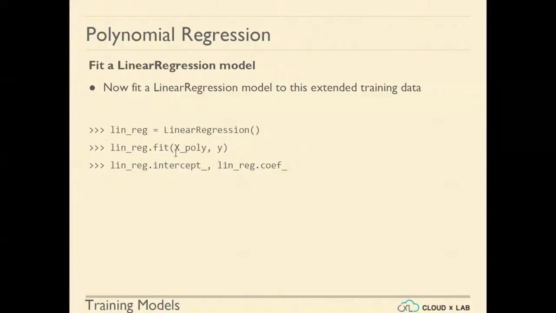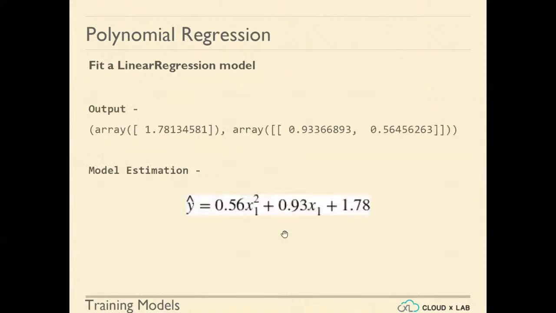But since we are using X underscore poly, which contains all terms up to the degree that we have defined, if degree 3, then degree 3 terms, degree 2 terms, degree 1 terms, and degree 0 term, indirectly we are learning a non-linear model here, right? Originally we have x1, but we are learning a linear model using data where we have x1 and x1 square, with degree 2 term, degree 1 term, and degree 0 term, the bias, right?